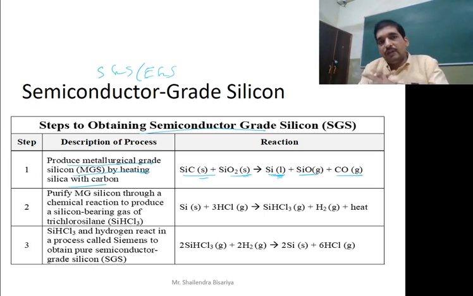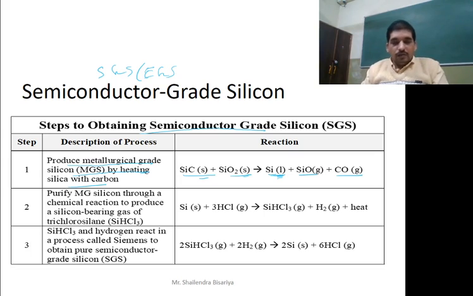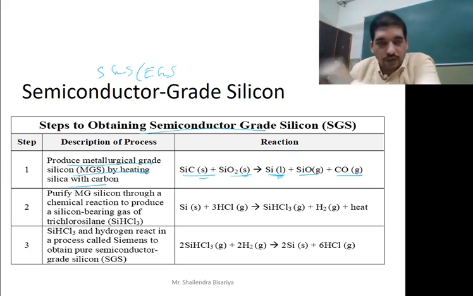You know the concept of fractional distillation: boiling, cooling, so that some impurities will move away, right? So we use that concept after obtaining the metallurgical grade silicon to extract the impurities from this silicon.